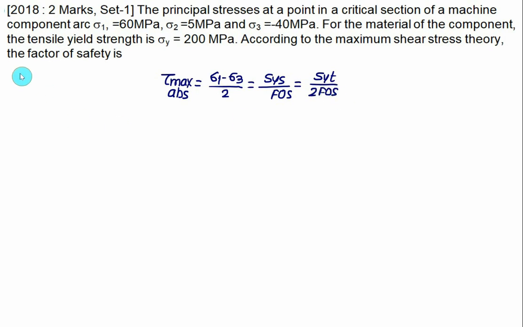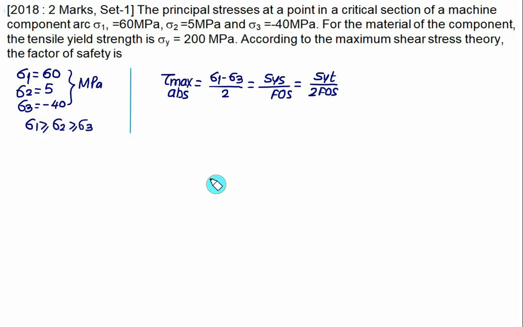And we have been given sigma 1 equal to 60 megapascal, sigma 2 equal to 5 megapascal, and sigma 3 equal to minus 40 megapascal. So it is already arranged, that is sigma 1 is greater than sigma 2 is greater than or equal to sigma 3. If you arrange the principal stresses in this order, then tau max absolute is fixed, that is (sigma 1 minus sigma 3) by 2.